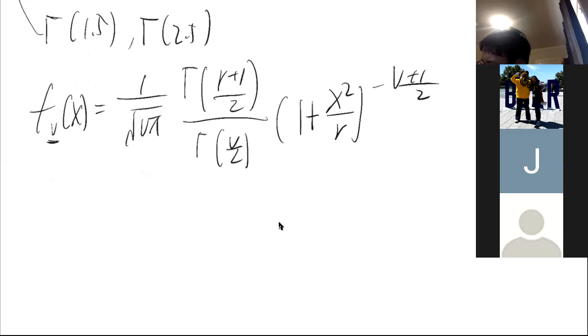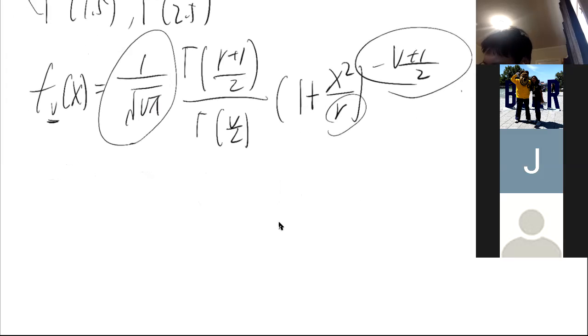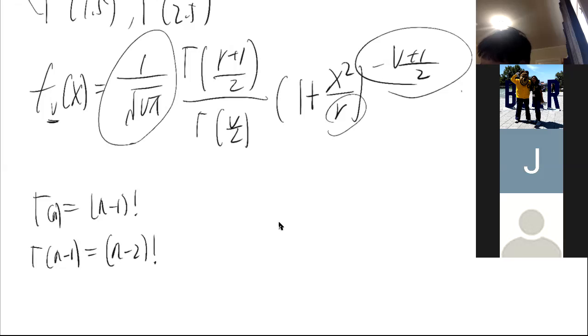We already know nu, and x is a variable, so all we need to do is calculate the gamma function. One thing worth noticing is that since gamma of n is defined to be n minus 1 factorial, gamma of n minus 1 is n minus 2 factorial.